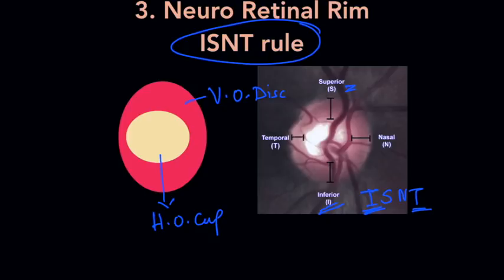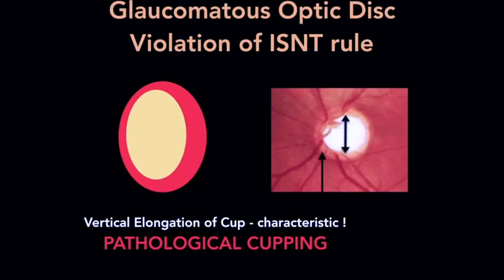But when this ISNT rule is damaged or violated, that is, when the cup is going to be vertically oval, there is going to be thinning of the neuroretinal rim superiorly and inferiorly, or at the poles.